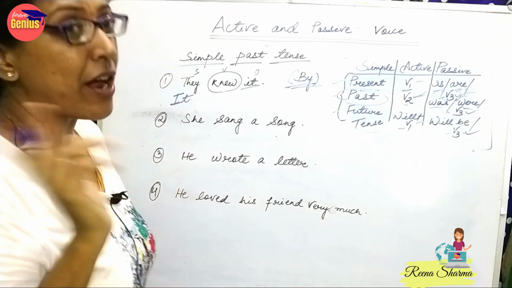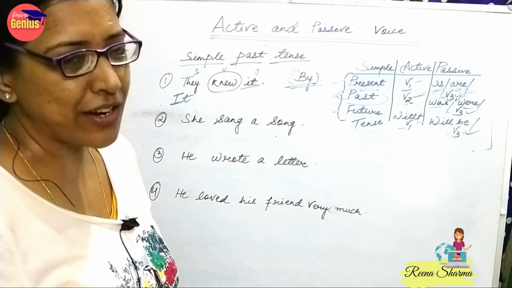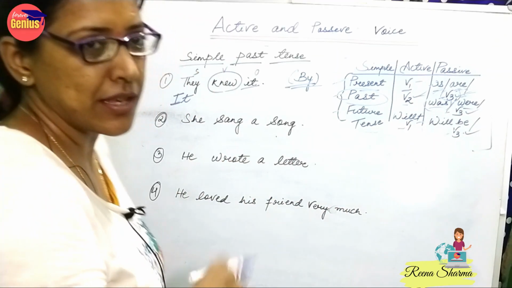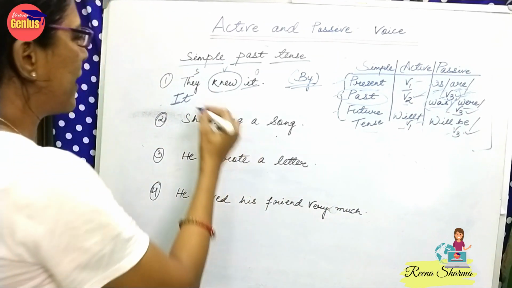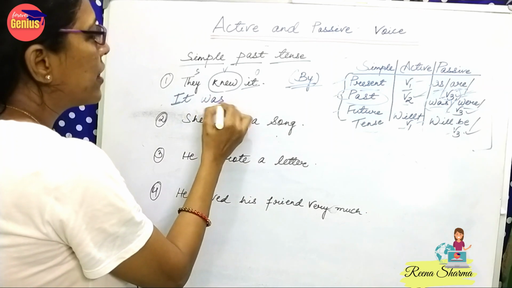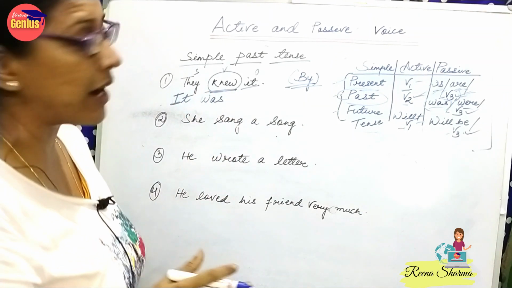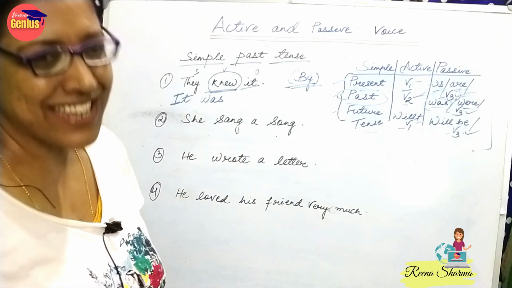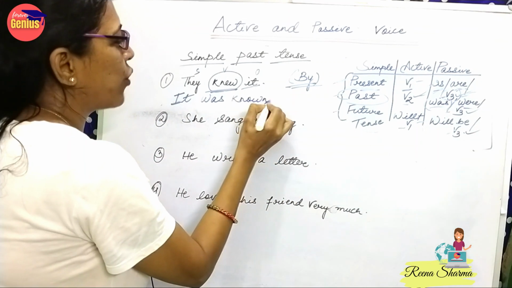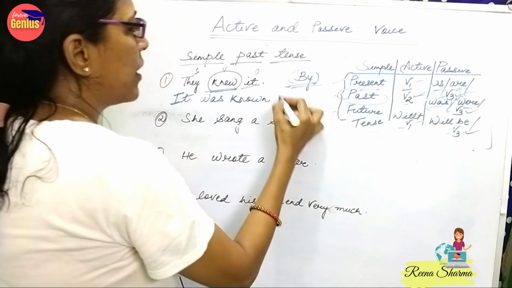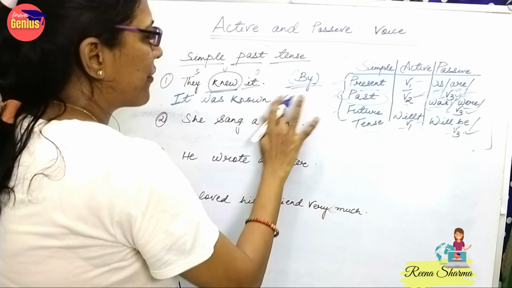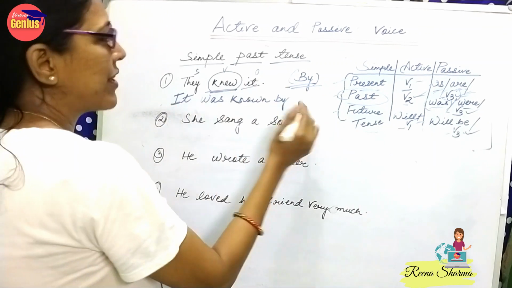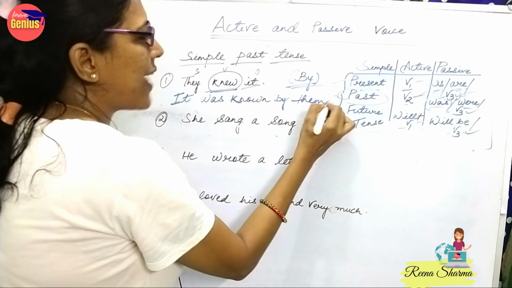It will be singular or plural? Of course, we cannot take it as plural. We will be taking the helping verb was here. So it was. Now knew. What is the third form of the verb knew? Yes, known. It was known by. See, after the verb we will add by. So it was known by them.